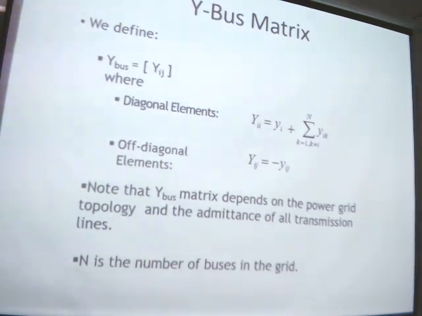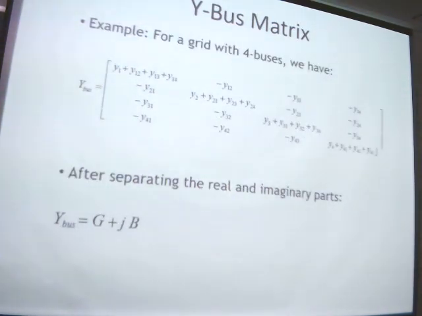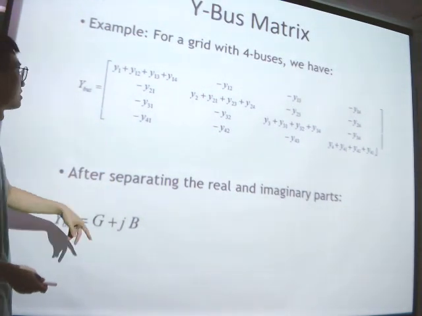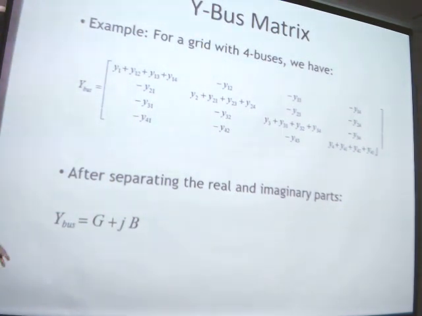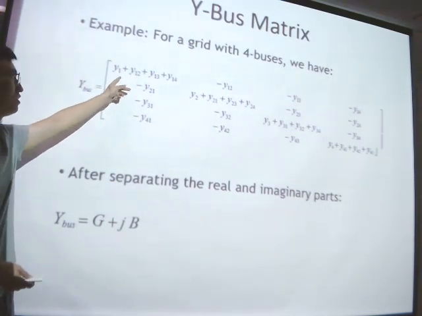We know Y1 and Y2 are the specific values of the line admittances. In our example we have 3 buses, but if we have 4 buses, see this diagonal.